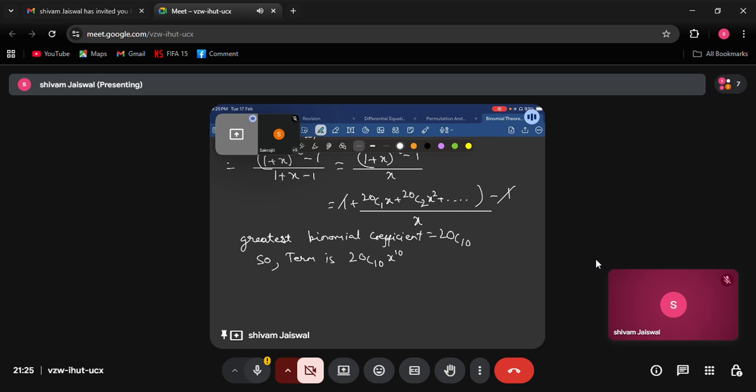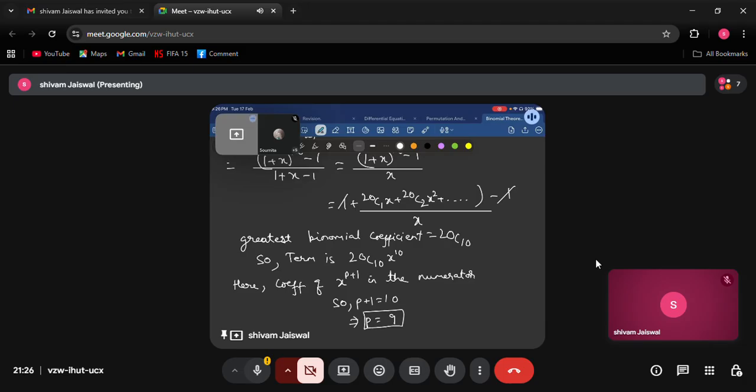So here we need to find out the coefficient of x to the power p plus 1 in the numerator to be the greatest. So everyone, what is p plus 1? So p plus 1 is equal to 10. This implies p is equal to 9 because it is divided by x.